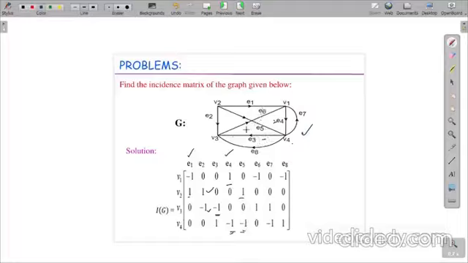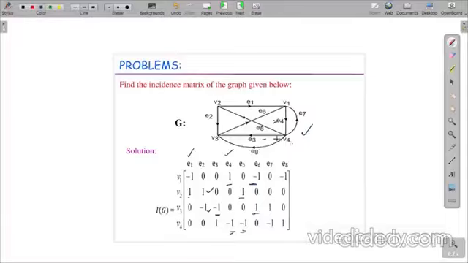Edge E6 goes out from V3 into V1, that is minus 1, out from V3 that is plus 1, and the rest are 0. Edge E7 goes out from V4 into V1, that is minus 1, out from V4 that is plus 1.